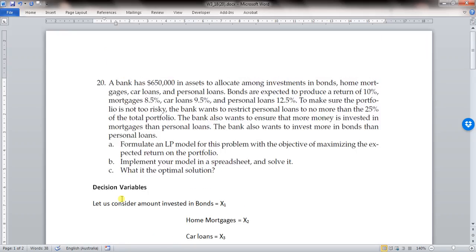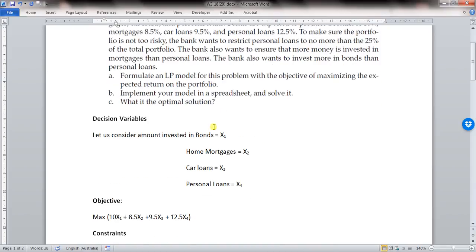What is the second constraint? More money should be invested in mortgages than in personal loans. So x2 should be greater than x4.